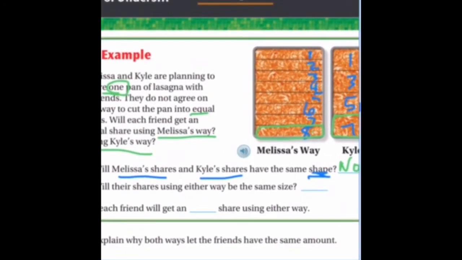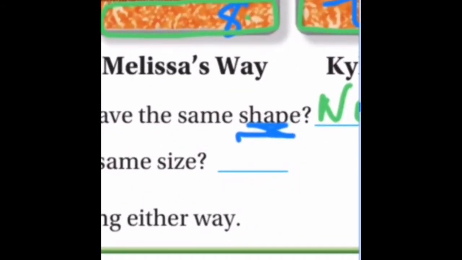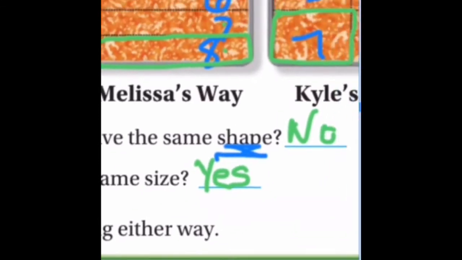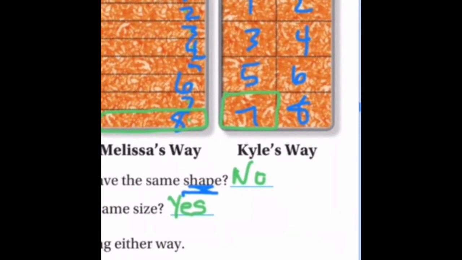Will their shares using either way be the same size? Yes. Okay. Meaning it's the same amount of food. Okay. So we have a pan. The pans are both the same size, right? So as long as the 8 pieces, and we use all of the lasagna, as long as the 8 pieces are divided equally, doesn't matter how you do it, there's going to be the same amount of food.